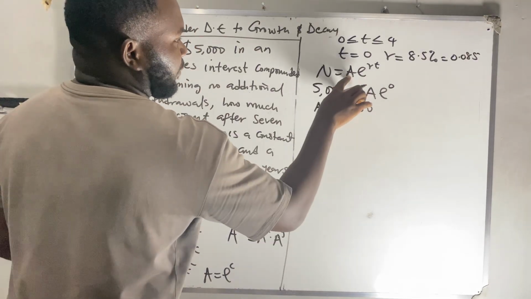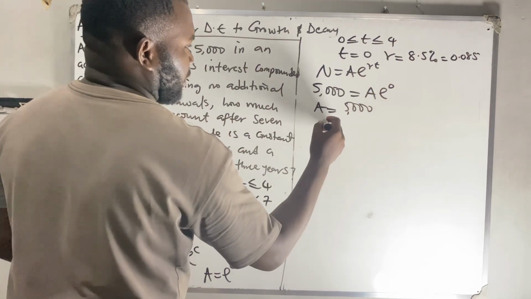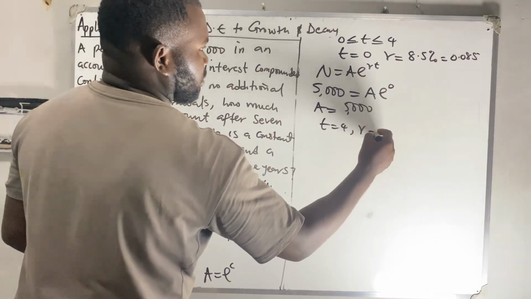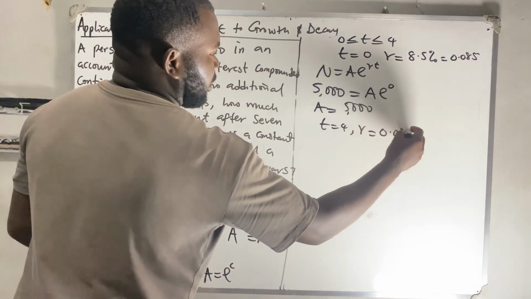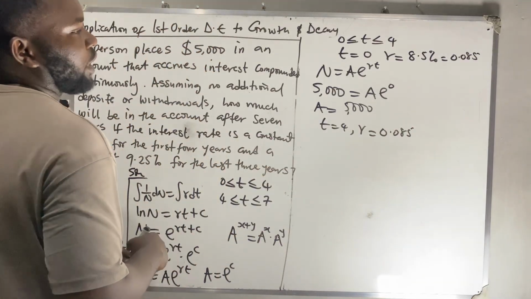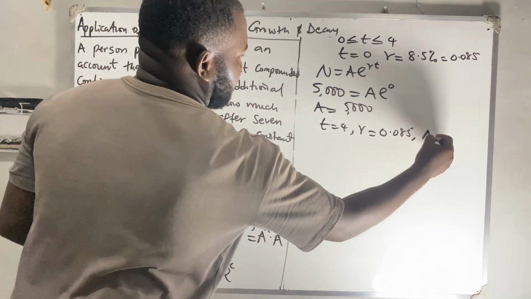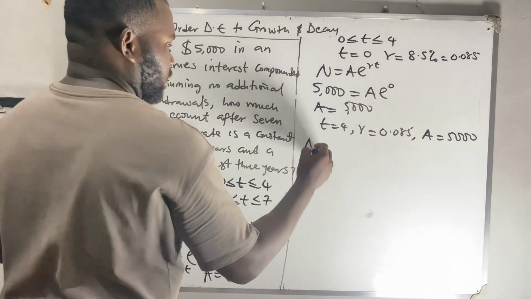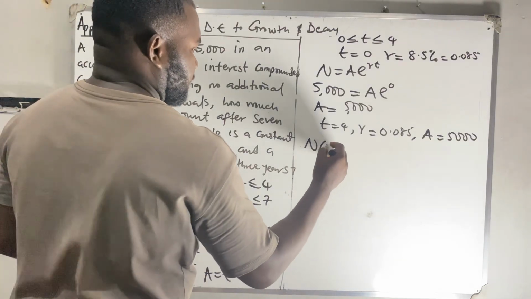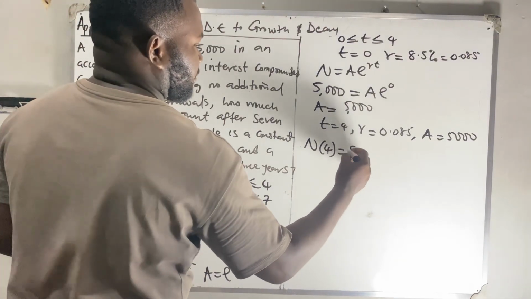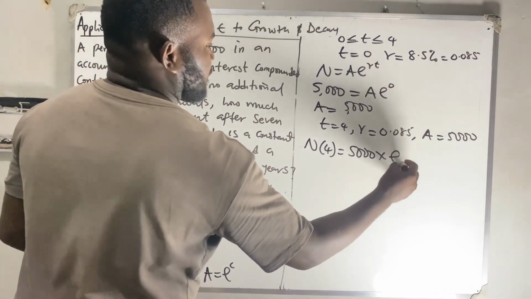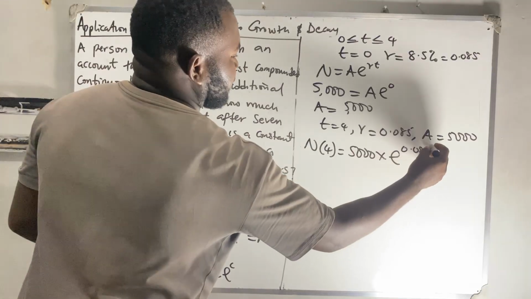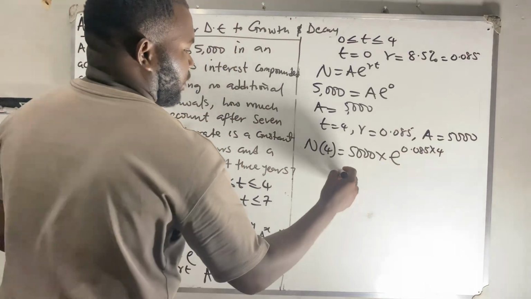Since I've calculated A, I will now use t equals 4 to calculate N. We are still using the rate of 0.085, and our A is 5,000. So the N we are looking for in those 4 years will be 5,000 times e^(0.085 times 4).